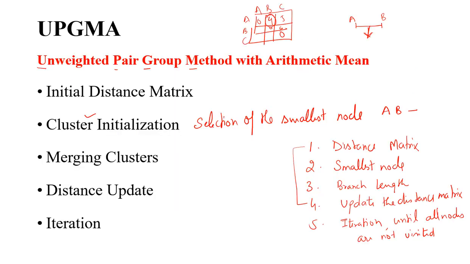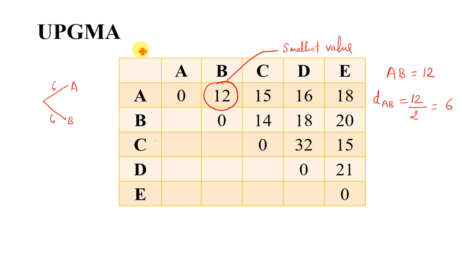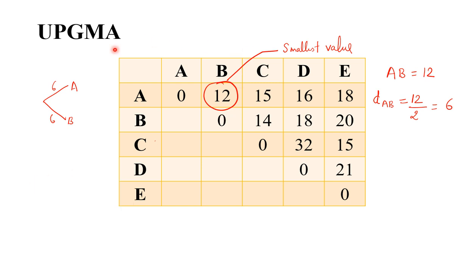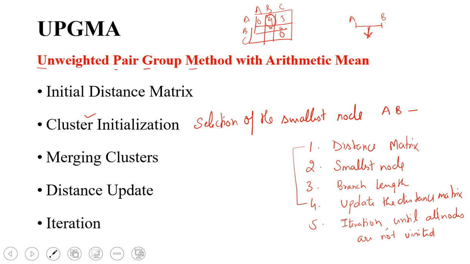If you see the steps here, the distance matrix is given. So this is the distance matrix. From this matrix, the second step is to find the smallest node.